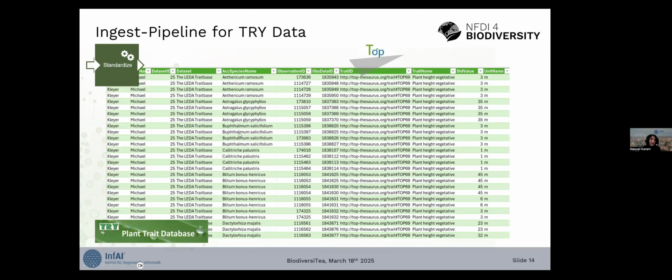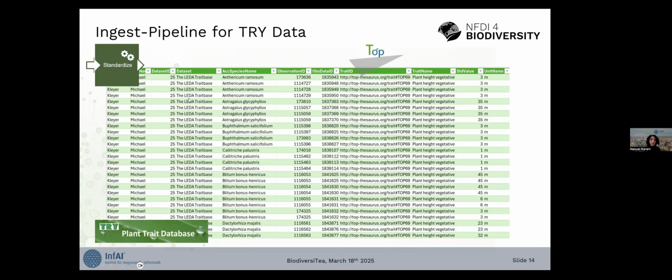So I will show now how we use the pipeline for data that come from the plant trait database. This data is already transposed, so we already have one observation per line, and also the trait IDs have been standardized using the TOP thesaurus.